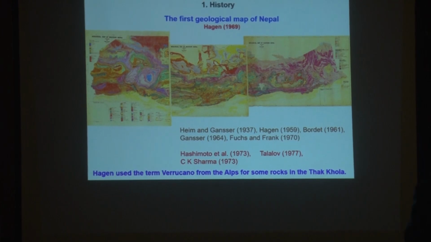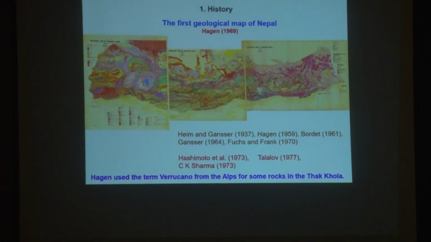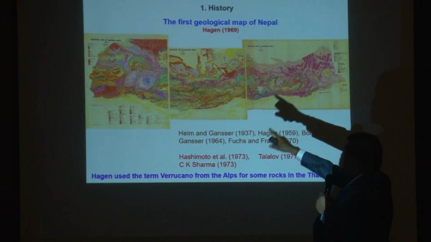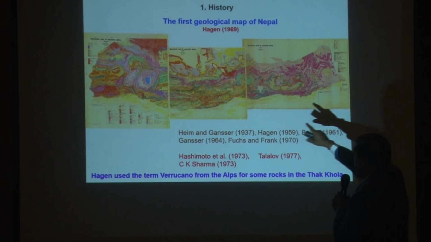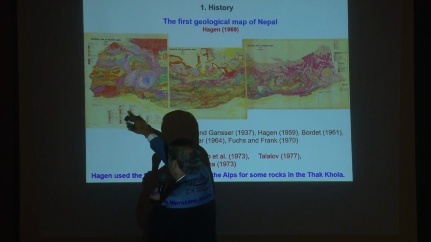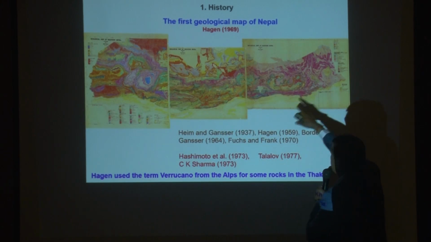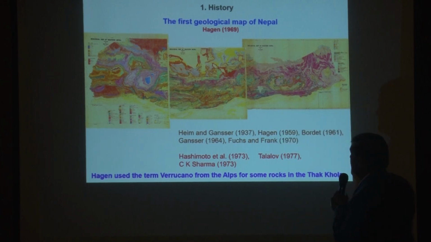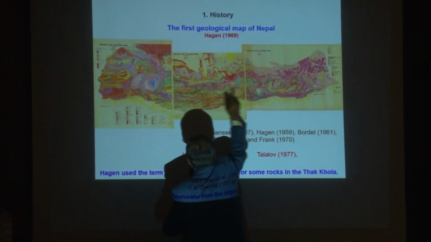Hagen was not interested in unifying different rock units. Therefore, in his three-sheet geological maps, divided into three parts, he gave a large number of units in each sheet, and he was not interested in making a unified classification of these Lesser Himalayan rocks, as you can see here.